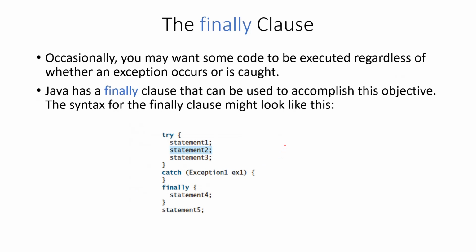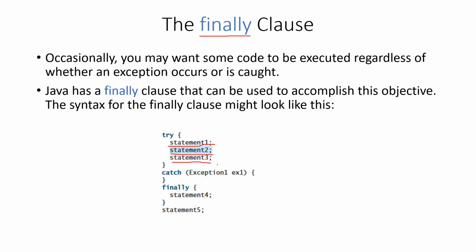And the last one for today is the finally clause. We can use the keyword finally to execute some statements that can be used in any case. So, for example, we have statement 1, statement 2, and statement 3.